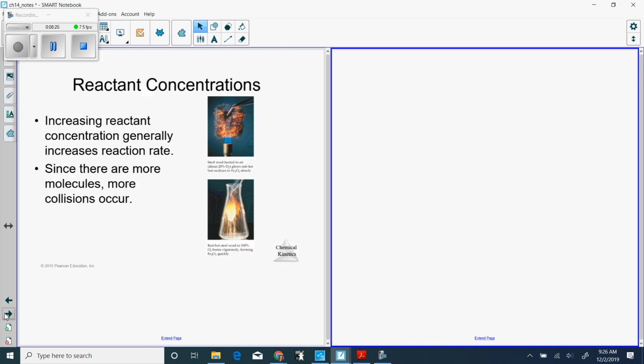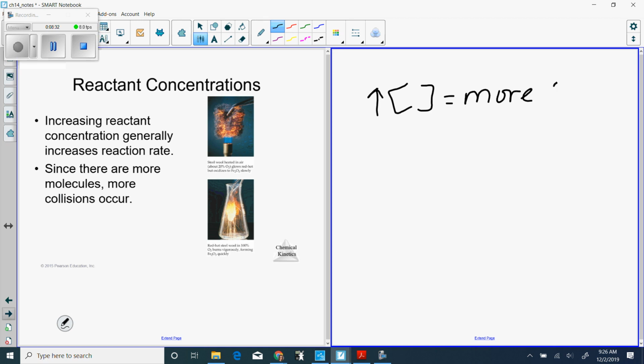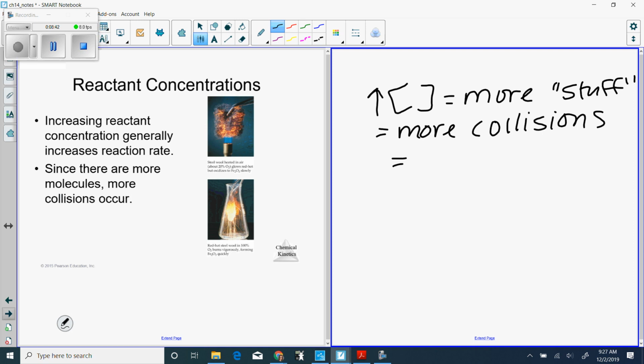Also, if I increase my concentration, that means I have more stuff. More stuff means more collisions. More collisions means faster rate. If it's really dilute, there's not that much stuff for it to react with.